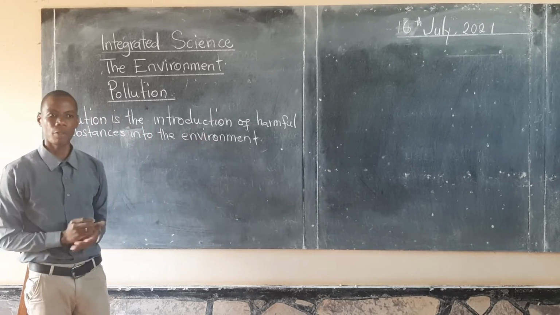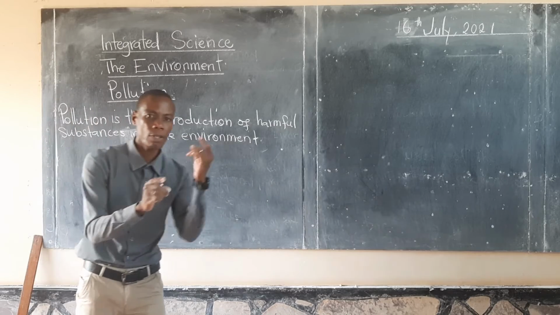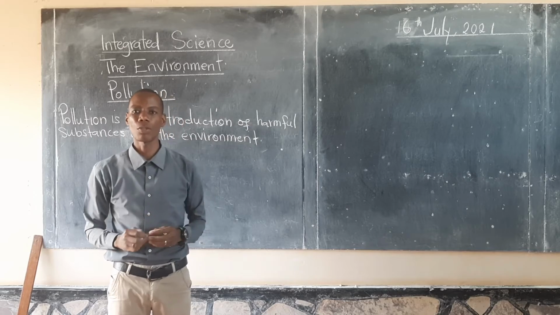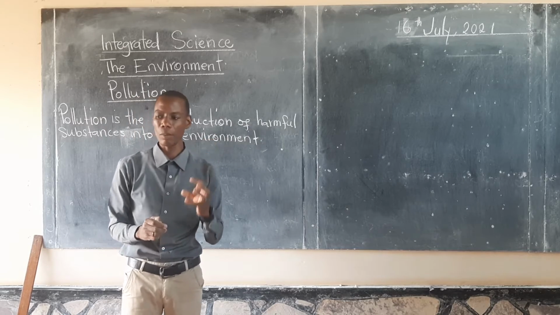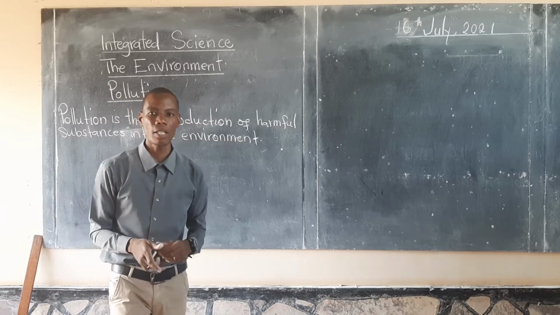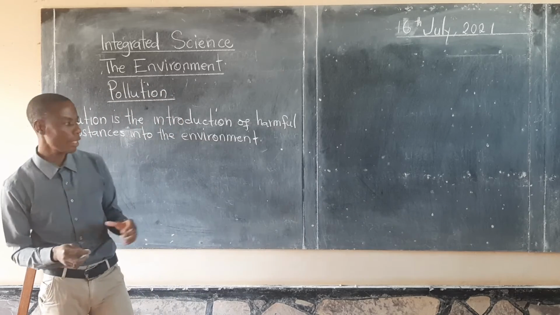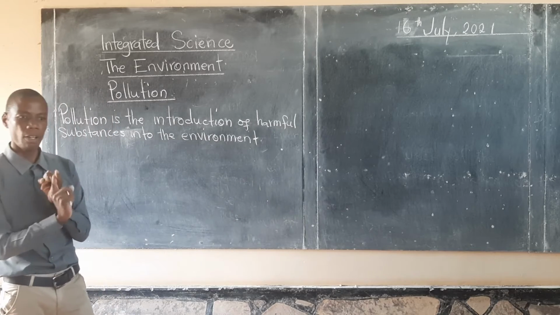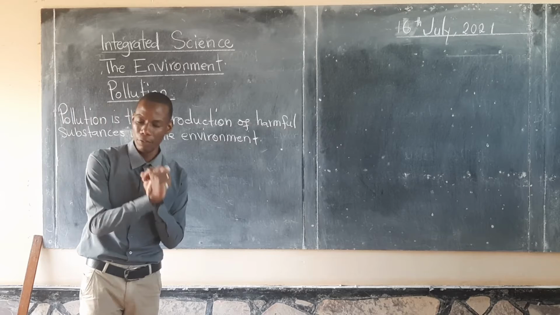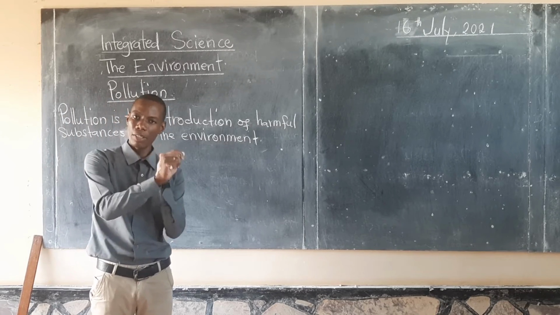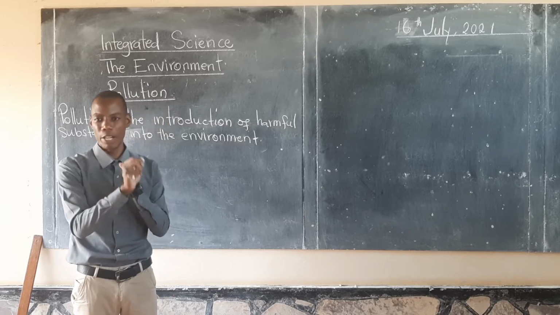Into the environment. Now, when we talk about environment, there are a lot of places that constitute the environment. In other words, there are different examples of environment. This environment can be air. Air on its own is an environment. It can be water. Water on its own is an environment.